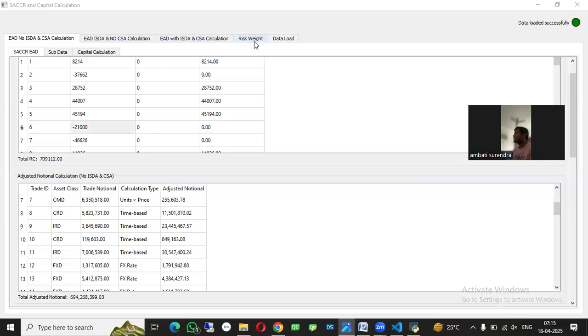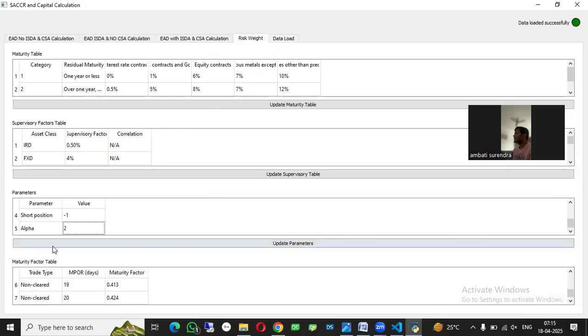These are all values, like I mentioned before, that I loaded here. Suppose the supervisory factor: what is the correlation and what is the supervisory factor rate that we have to take for different asset classes like interest rate, FX, credit derivatives, commodities, etc. These values I updated here. These values are suggested by BCBS only.